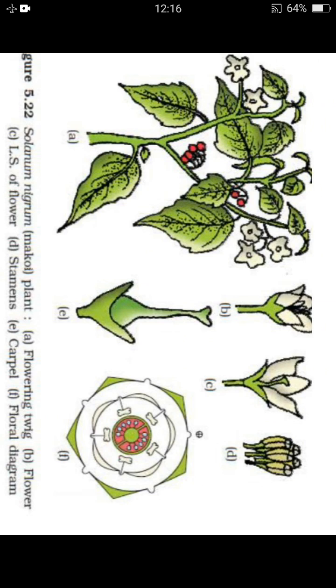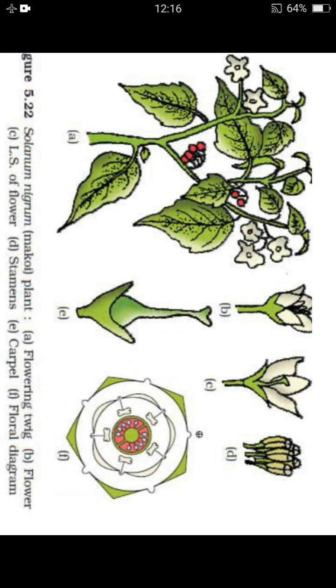In dicots, generally we are able to see reticulate venation, where the main vein, the mother vein, is present. From the mother vein, lateral veins and veinlets are arranged as a reticulate. That type of arrangement of veins in the leaf is called reticulate venation, seen in dicots.